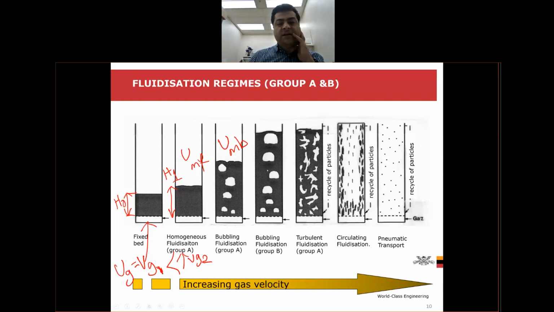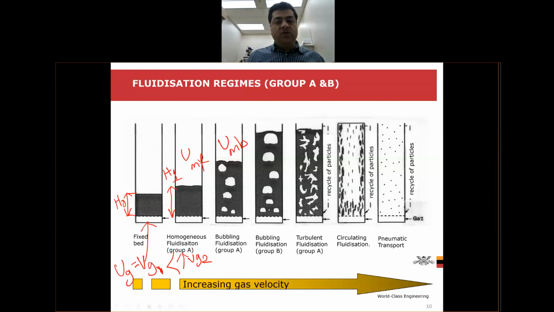In other words, as soon as the drag force applied by the gas is just enough to move the particles around, in other words, the bed becomes fluidized, you also see formation of bubbles. So these bubbles start right after the powder becomes fluidized.